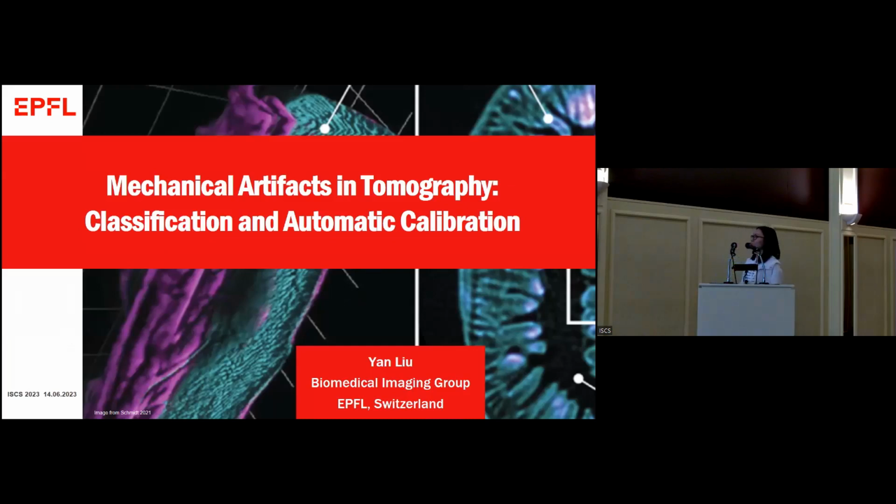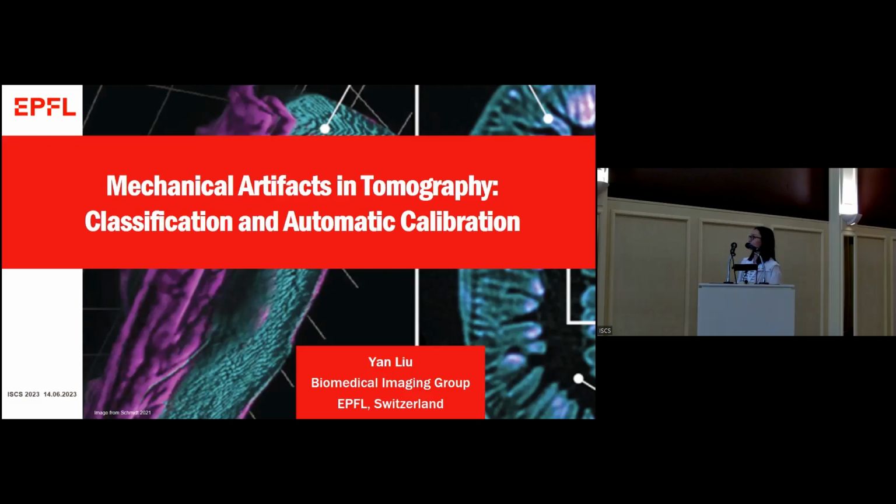So today I'm going to talk about mechanical artifacts in tomography. Tomography is a very powerful technique. It has many applications in many fields, including biomedical imaging and material science, and so on.